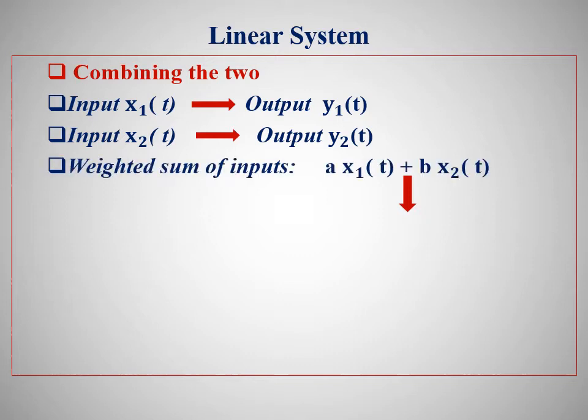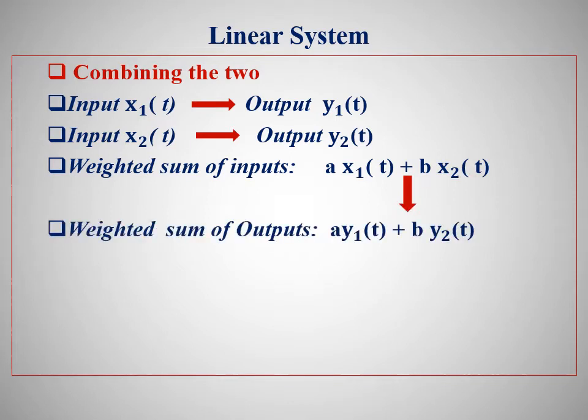Hence, combining homogeneity and superposition, the net effect of a linear system is that the weighted sum of inputs, a into x1 of t plus b into x2 of t, results in the weighted sum of outputs, a into y1 of t plus b into y2 of t. Hope it is now clear what the requirement of a linear system is. This is the expression for a system to be linear.